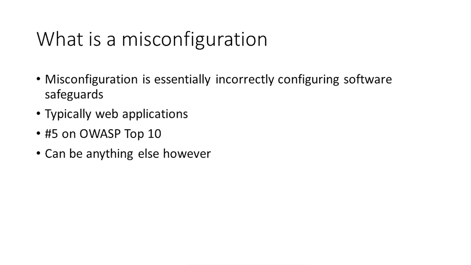This typically is more prevalent in web applications, but we can see this in any type of system, like a Windows system or a Linux system, and we forget to lock something down, or we actually open up something that we didn't intend to open up. This is so prevalent, in fact, that it's number 5 on the OWASP top 10 security controls.